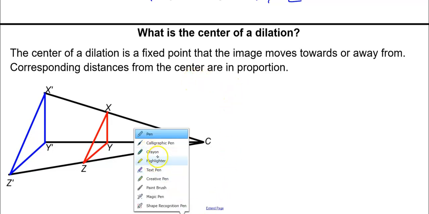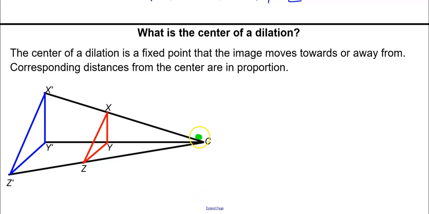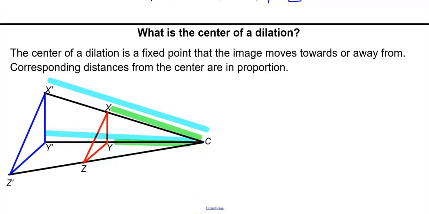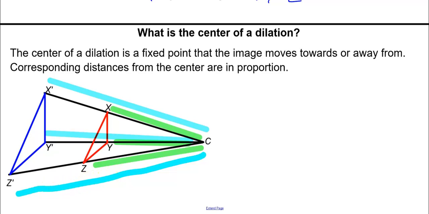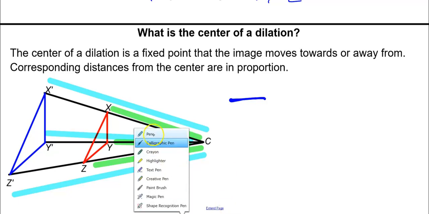So what I'm saying is if we are in proportion, C to X, C to X prime, C to Y, all the way out CY prime, C to Z, C to Z prime. They're not the same, but they are going to be in proportion.